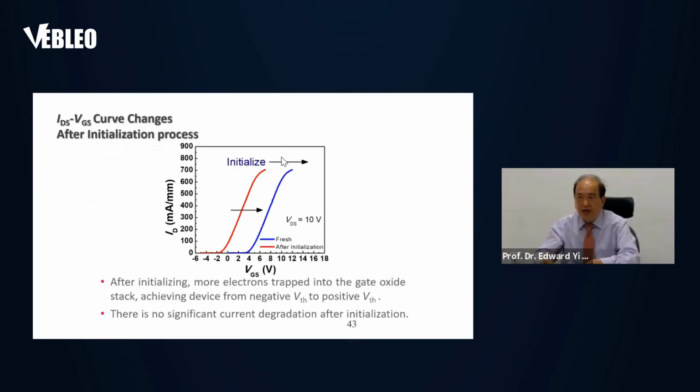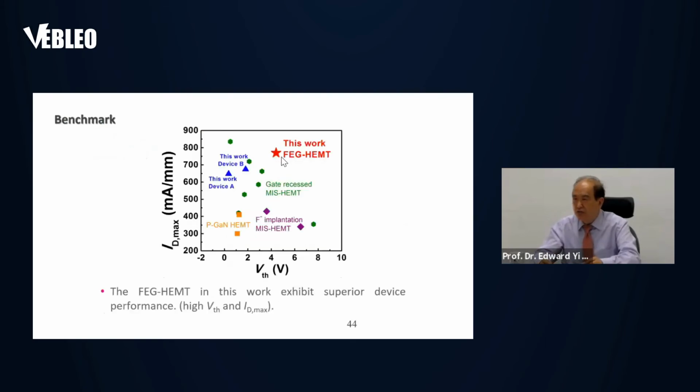After you initiate, you can see that more electrons are trapped in the gate oxide stack, achieving the VTH from negative to positive, and again no degradation in the current. And you can see that for all these different approaches, this device gives you the highest VTH with very high current. That means no degradation in current density.